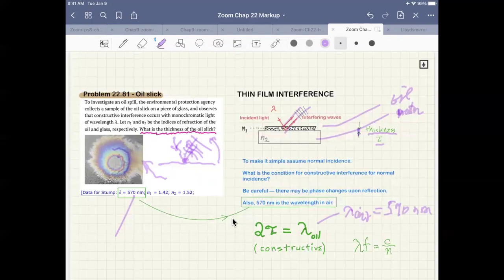So you'll see if you read through the chapter that there's a relation between wavelength and index of refraction. The wavelength in air would correspond to n equals 1. Index of refraction of air is almost 1. The wavelength in the oil would be c over n, where n is the index of refraction of the oil. I guess that's n1.